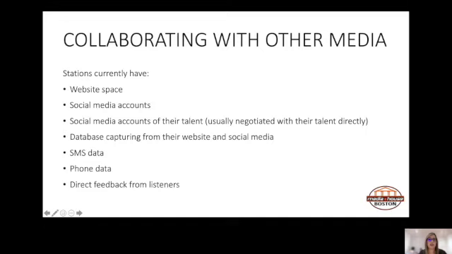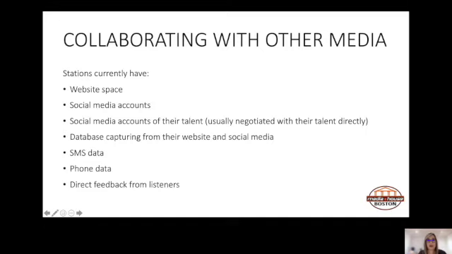So if we start by looking at collaborating with other media, most commercial radio stations now have many more channels to offer advertisers and on which to promote their own campaigns and messages than just the on-air linear component, okay?